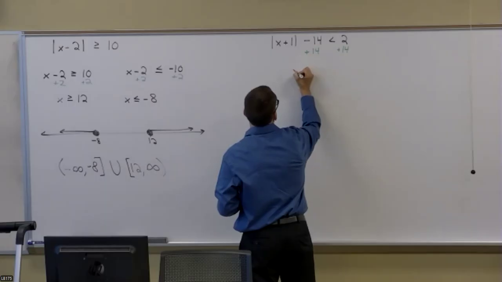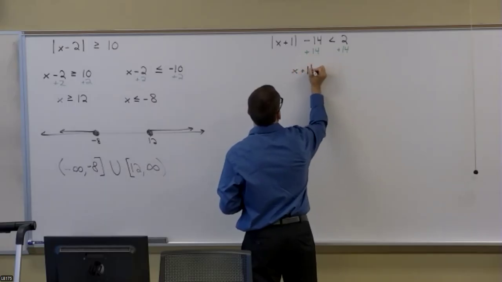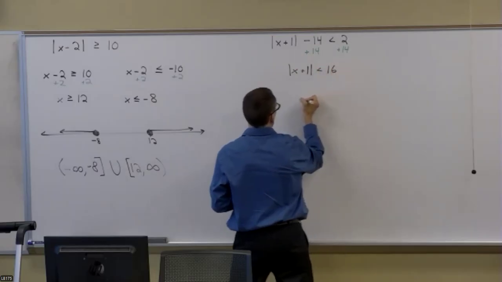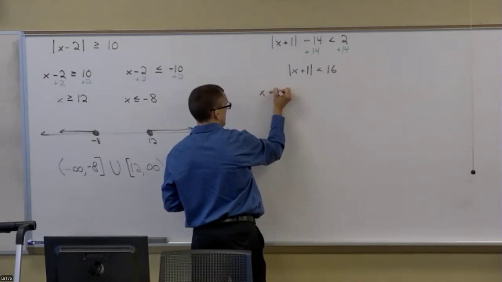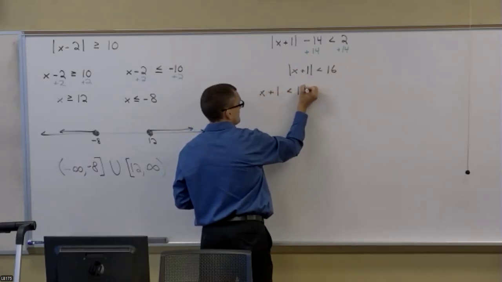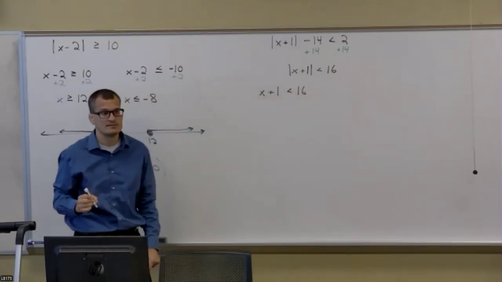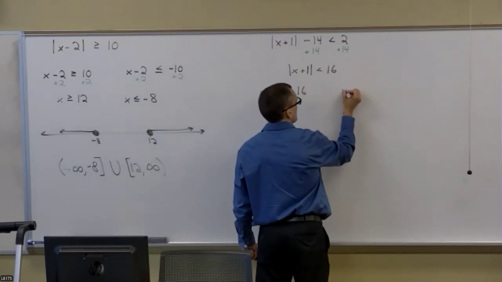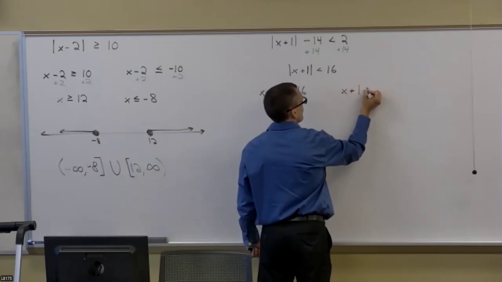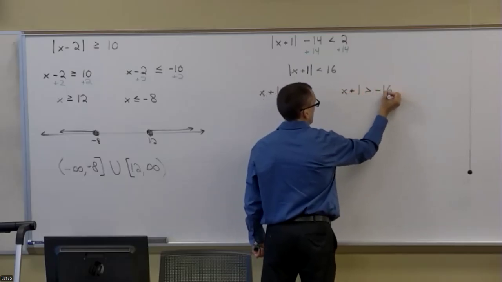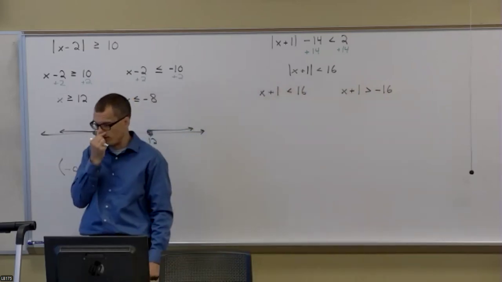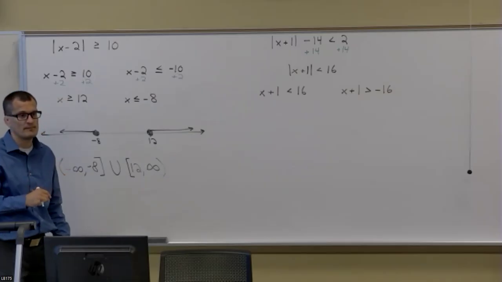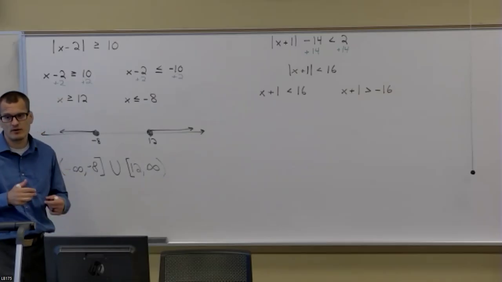The number on the right is positive, so I'll split it up in the usual way, which is say x plus 1 less than 16 if we keep the positive, or x plus 1 greater than -16. Again, when I use the negative number, I flip the sign. When I use the positive, I keep the sign the same. Right? That's the big takeaway.